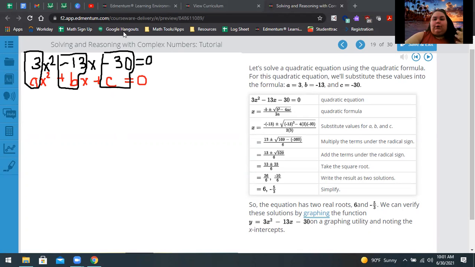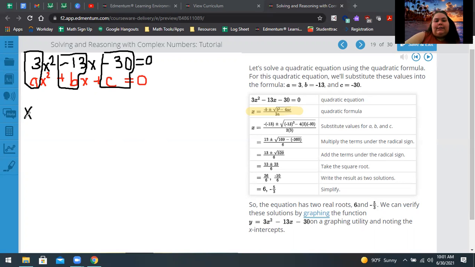Now we're going to apply it to our quadratic formula, which is given to us over here. Make sure you have that already in your notes. I'm trying to remember exactly where in unit 2 we saw the quadratic formula, but we've seen it a little bit before. So we're just going to set it up.